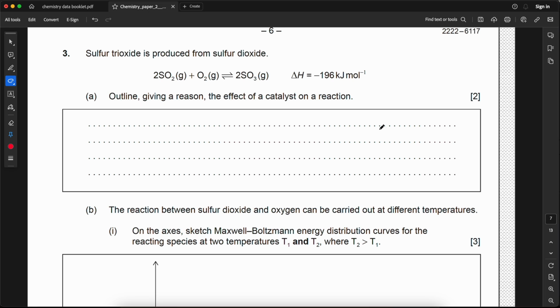Sulfur trioxide is produced from sulfur dioxide. Outline, giving a reason, the effect of a catalyst on a reaction. It needs 2 points here, so you give 2 reasons.